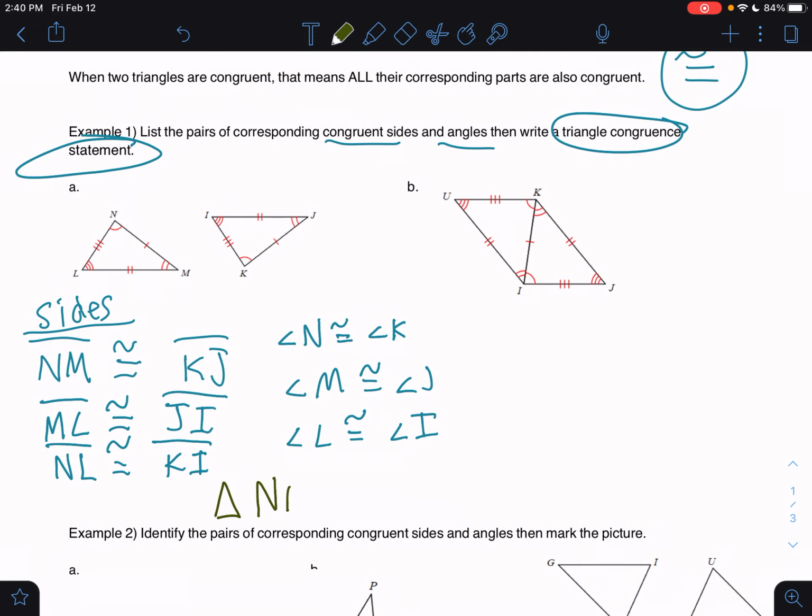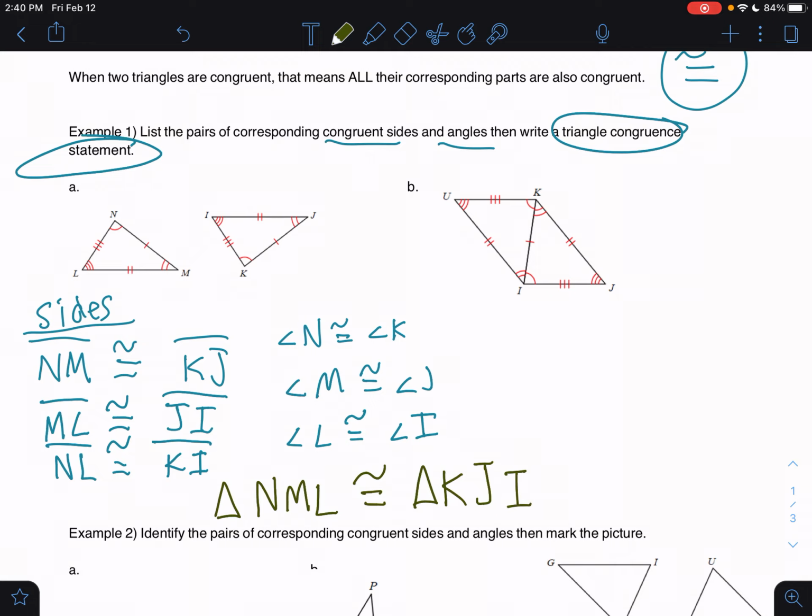N, M, L is congruent to, now we have to make sure that these are all going to match up to what we just wrote above. So N is congruent to what? K. We wrote that up here. So we have to start with K. And then M is congruent to what? J. And then L is congruent to I.